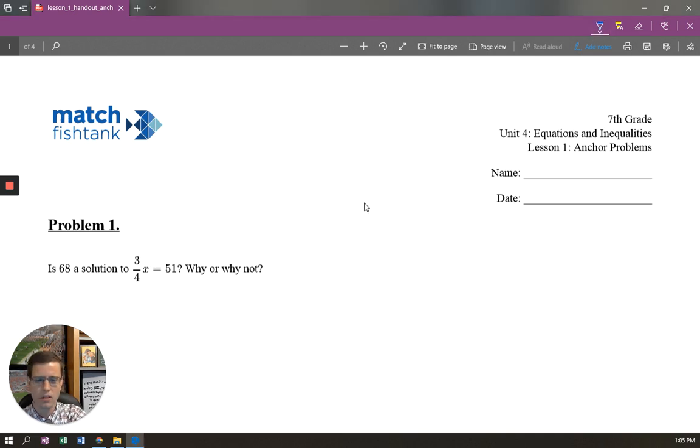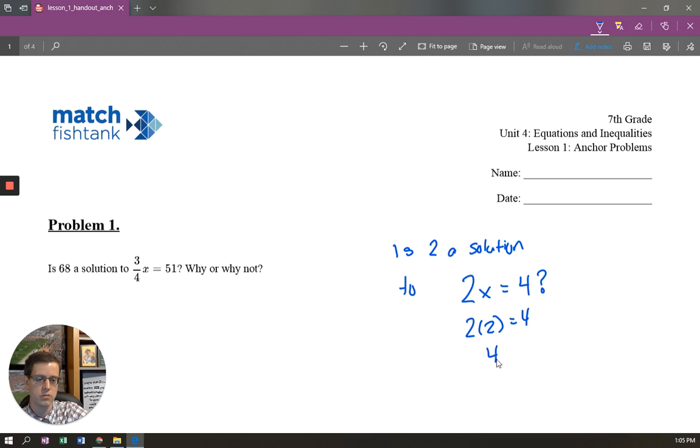Well, let me ask a simpler question first. Is 2 a solution to 2 times x equals 4? If I put 2 in for x, 2 times 2 certainly equals 4.